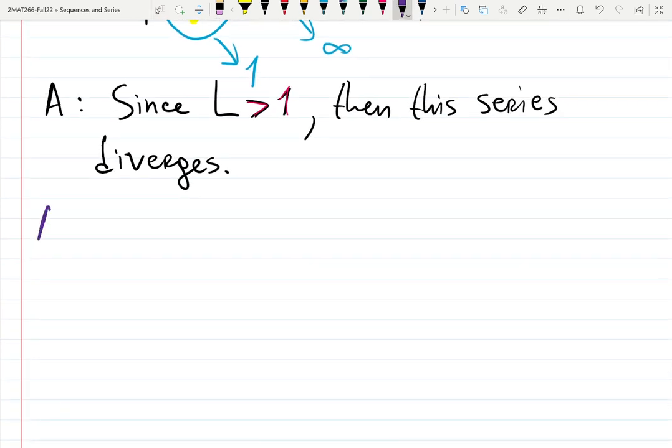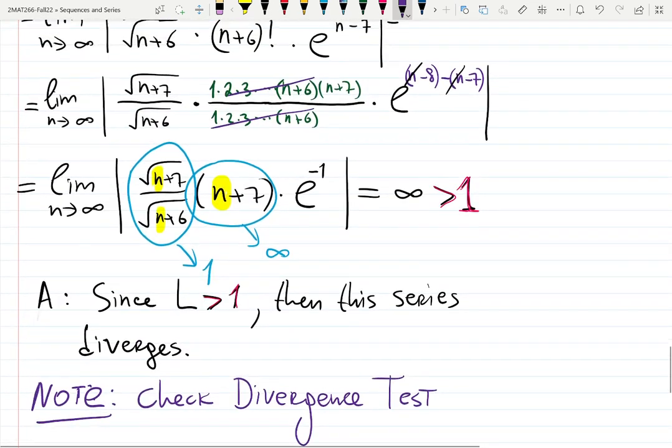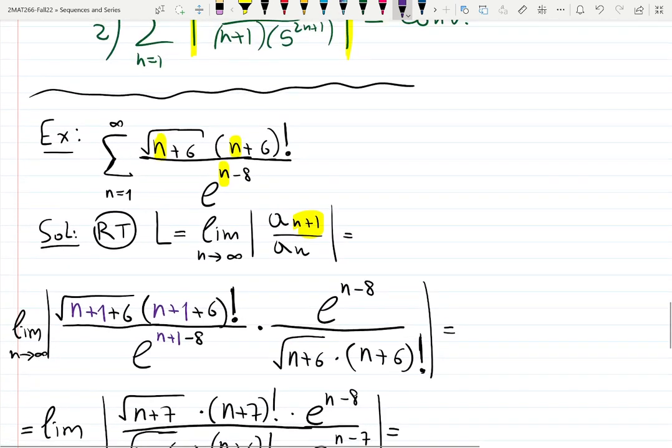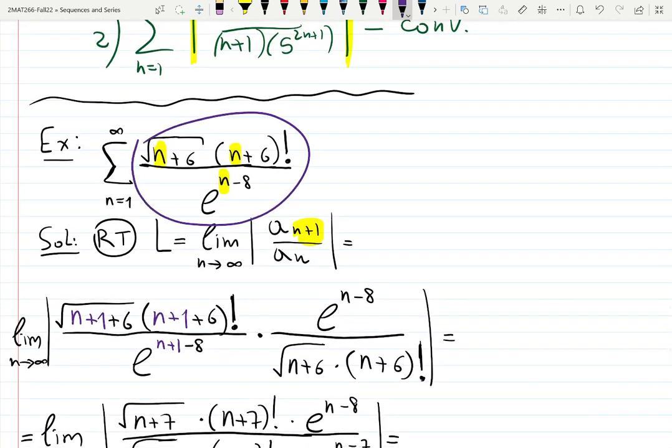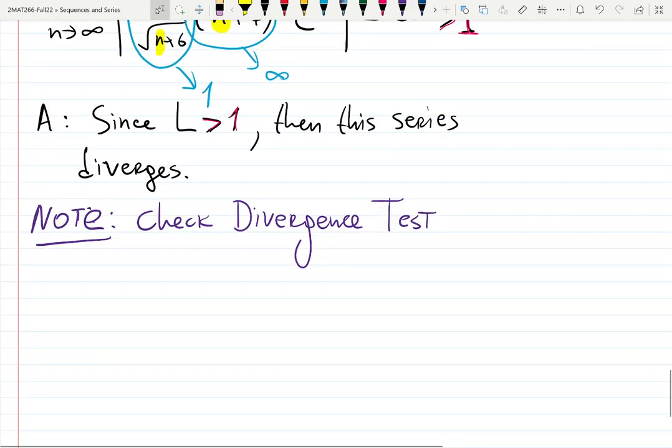Let's check. Note with E. What if we check the divergence test? Because we know the divergence test should tell us when stuff diverges. So let me go to the original function. The original function is this one. And let's check what is happening at infinity.